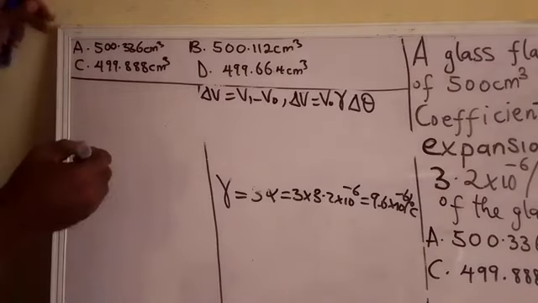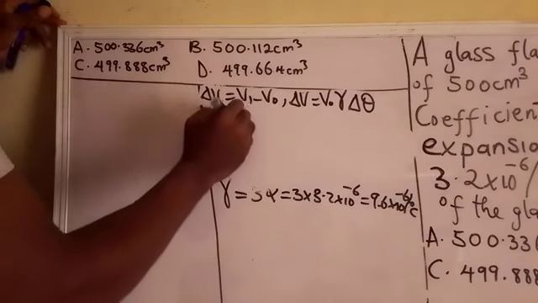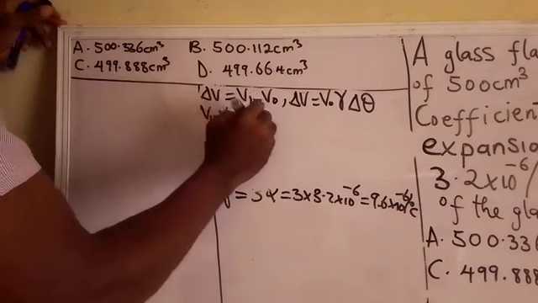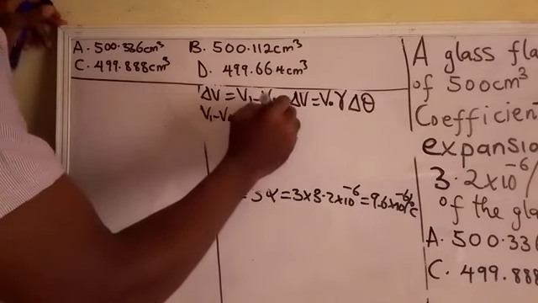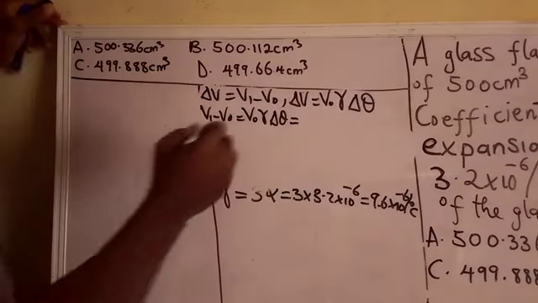Now this is one thing I notice most learners do. So they go about saying V1 minus V0 is equal to V0 gamma change in temperature. This is good. No problem.